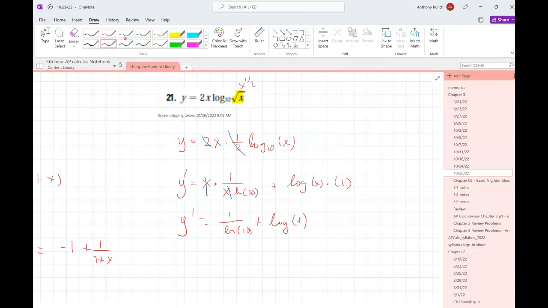Simplifying wise, that was not too bad, right? You found the derivative of the log of 10. Yeah, I just did the derivative of this.